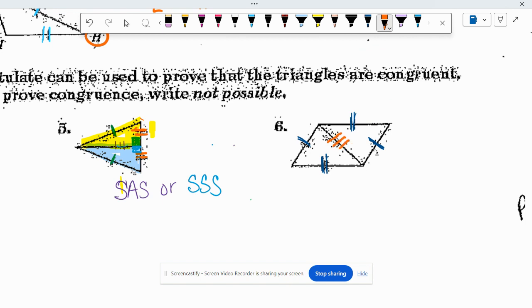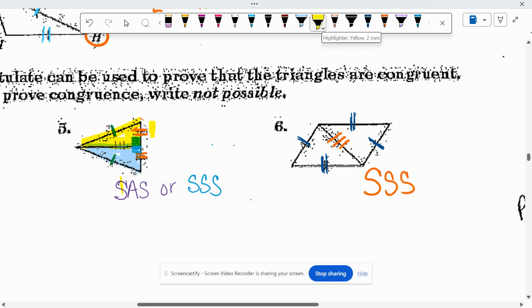We have side, side, side. And when I think about triangles, I always start with the one mark and work my way around, smallest to biggest. Side, side, side, congruent to side, side, side. So I just make sure that I can touch all sides in the same order. Like, does it work? Okay.